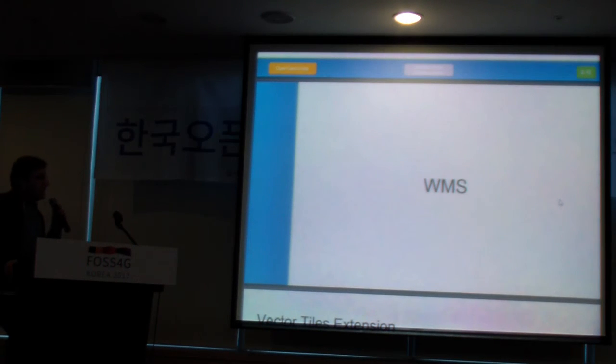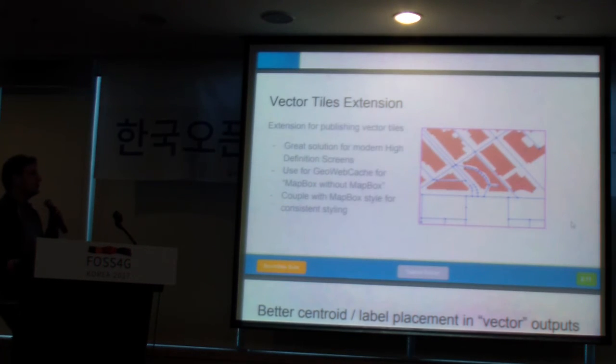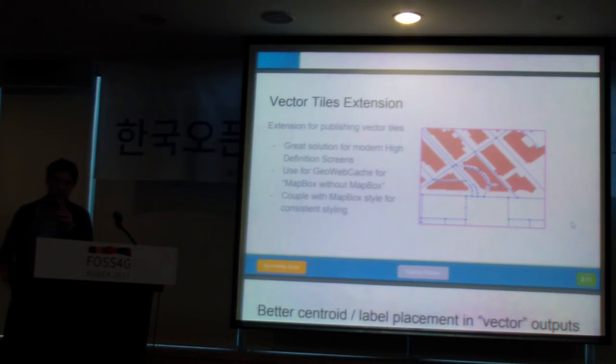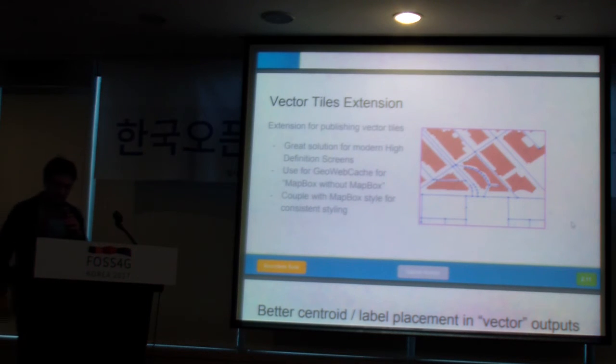Moving on, what's new in WebMap service? We have the vector tiles extension, which was a community module, and now it's an officially supported module. So vector tiles have been covered by a previous presentation already, so I'm not going to repeat what has already been said.